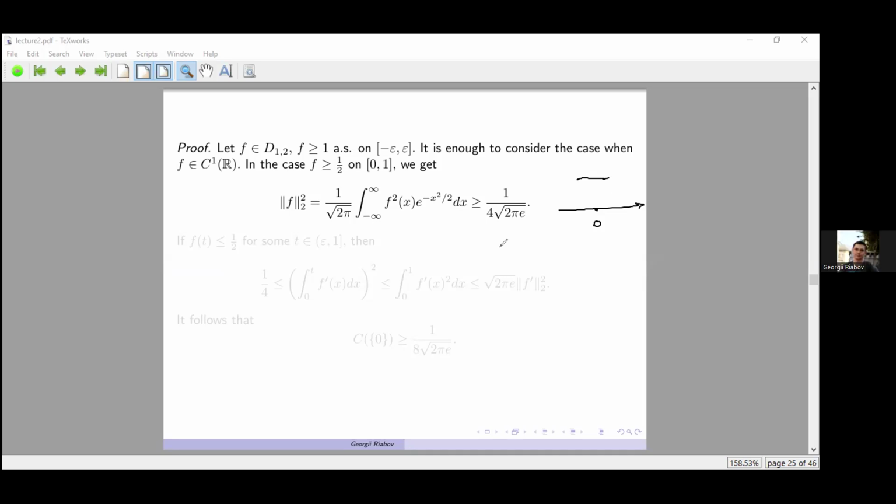Here, the idea why the capacity is not 0 is that such a function cannot decrease too fast to 0 outside the neighborhood.